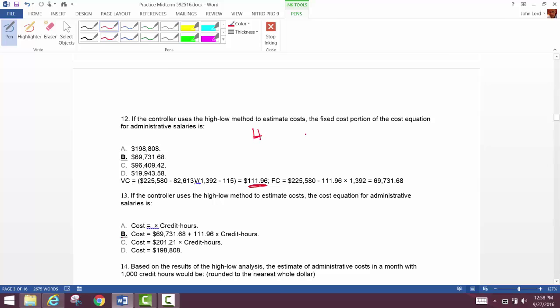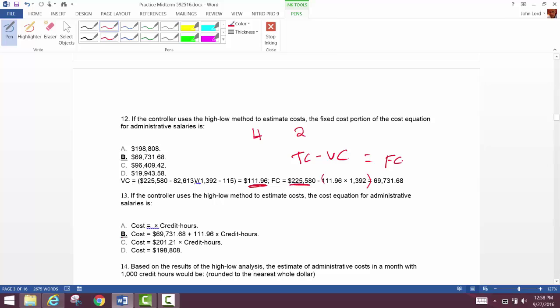And so we're going to take our total cost, and they use the high total cost of 225,580 minus, and we multiply the 111.96 that we calculated on the last problem times the number of units. So my total cost minus my variable cost equals what? Equals my fixed cost here, right?